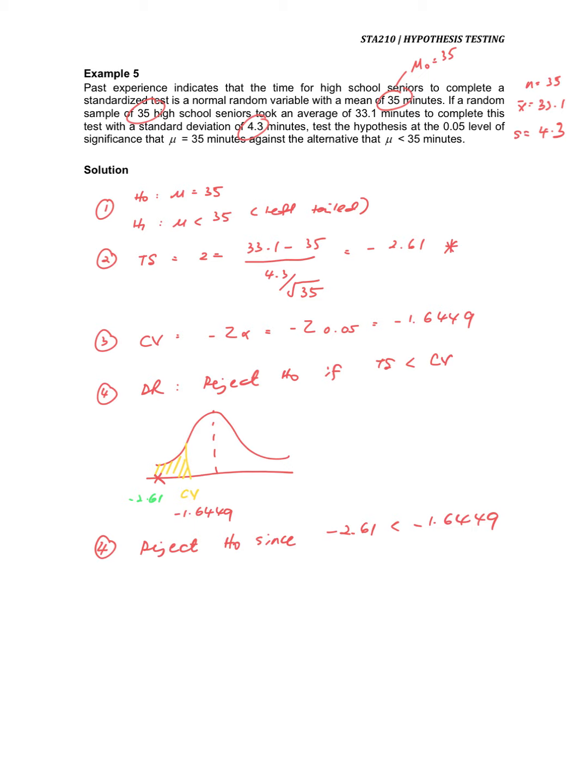When we reject the null hypothesis, we can conclude that the test is significant, and there is significant evidence to indicate mu is less than 35.